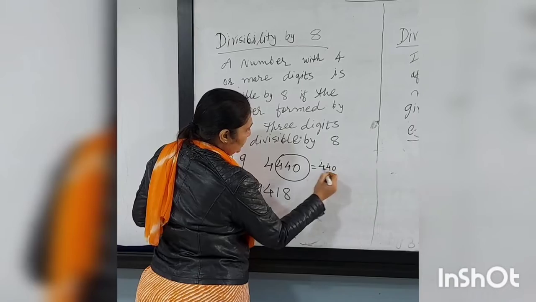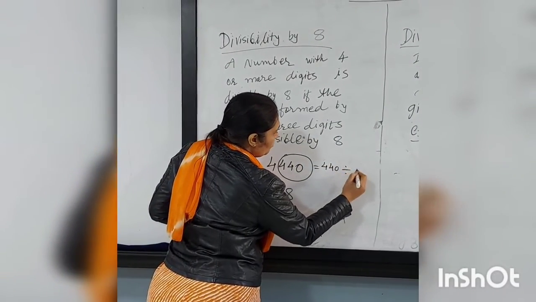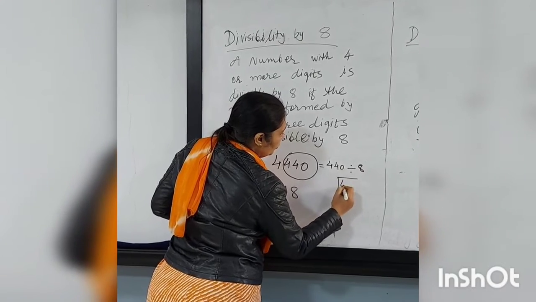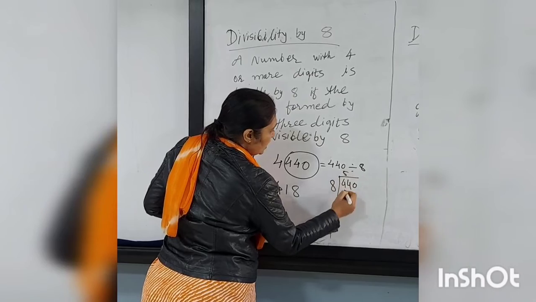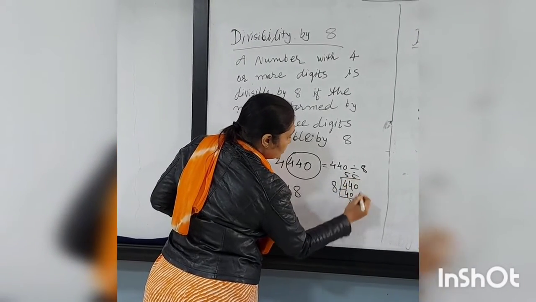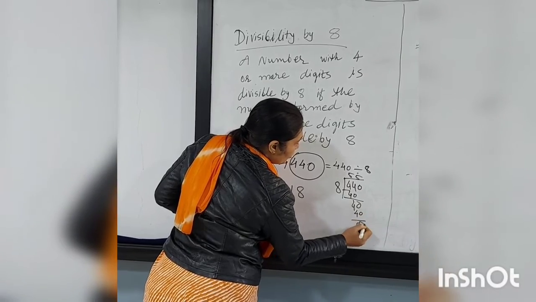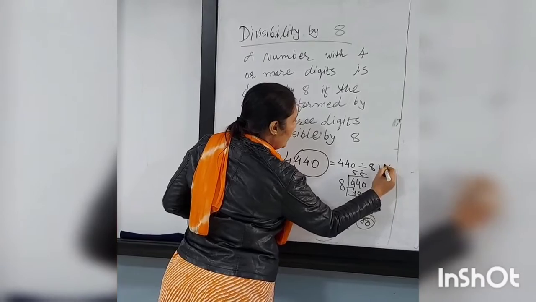Now we have to check whether this number is divisible by 8 or not. 440 divisible by 8. 8 5s are 40. So 0 remainder. So this number is divisible by 8.